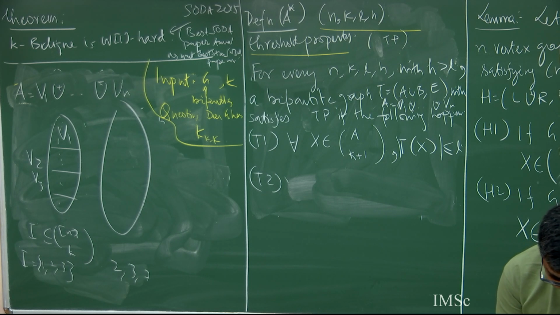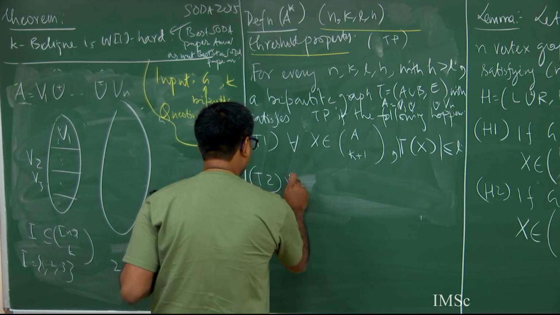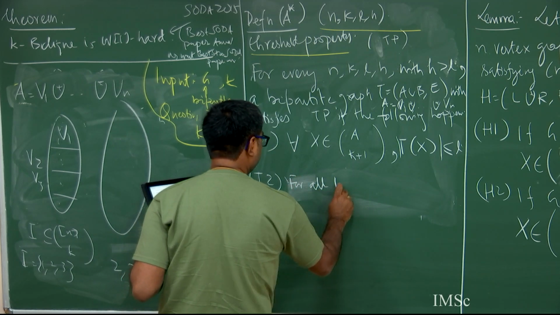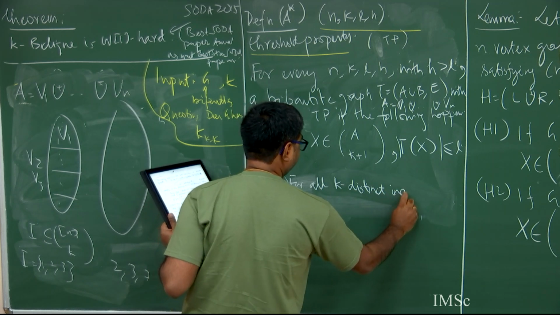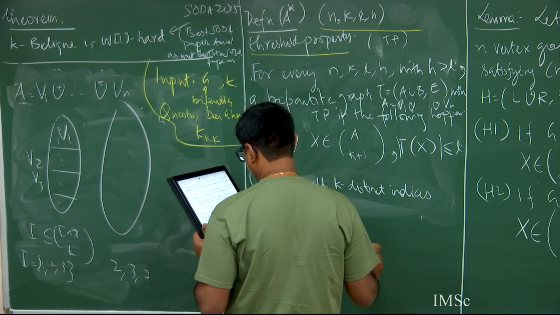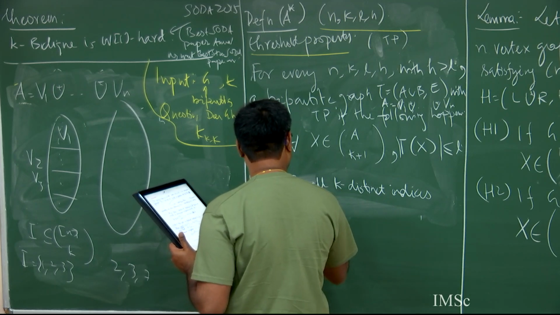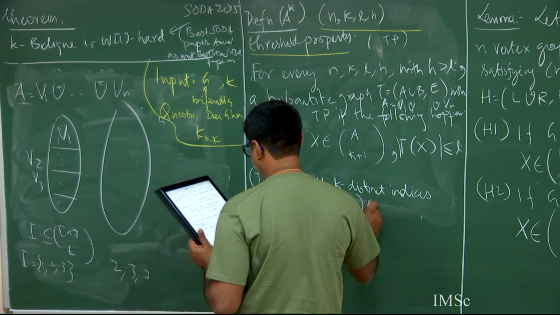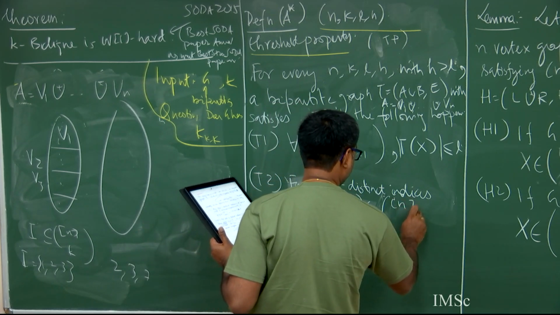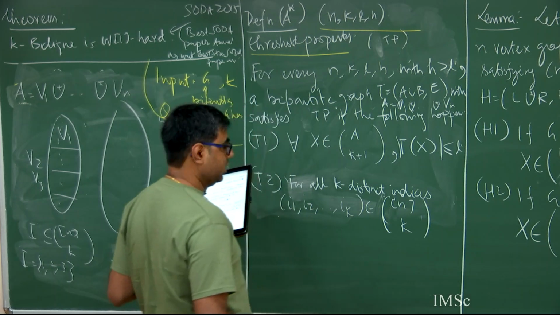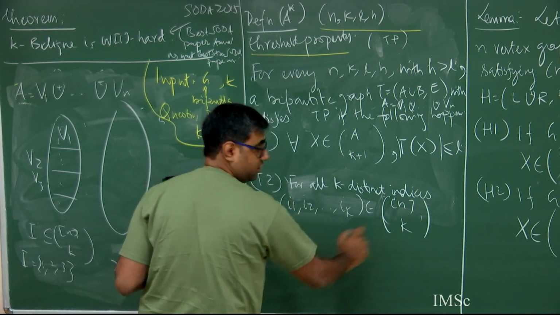Okay, so let me write it down nicely here. For all k distinct indices I1, I2, ..., Ik in [n] choose k. So basically think of this as a subset of 1 to n of size k.